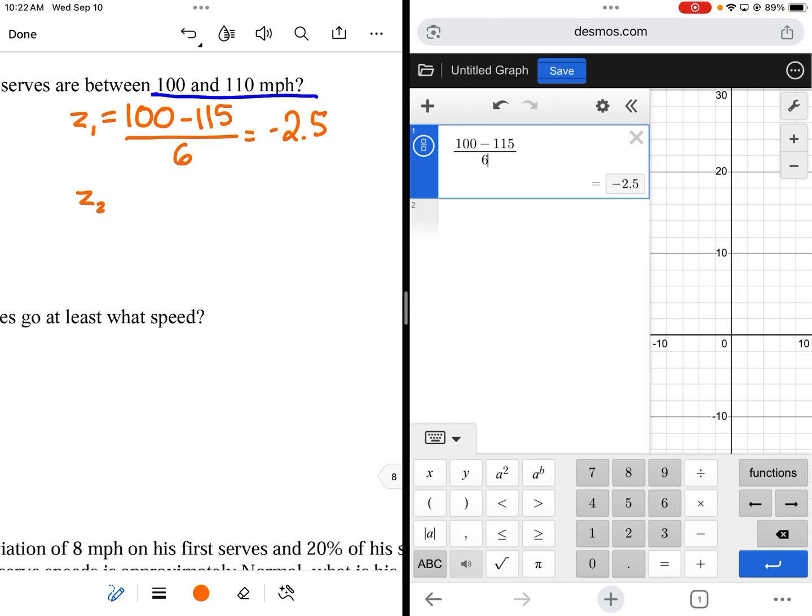And then define Z2, value minus 115 over standard deviation again. So this value is 110. It's 110 minus 115 over 6. So I'm just going to change that. Negative 0.83. I'm going to go 2 decimal places.